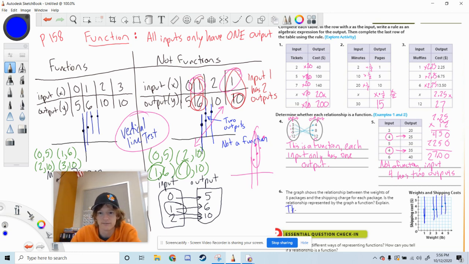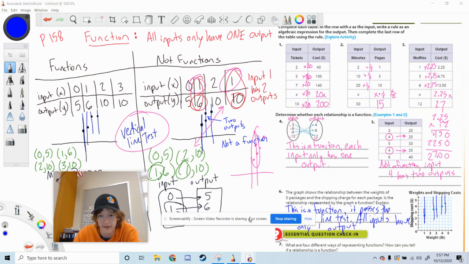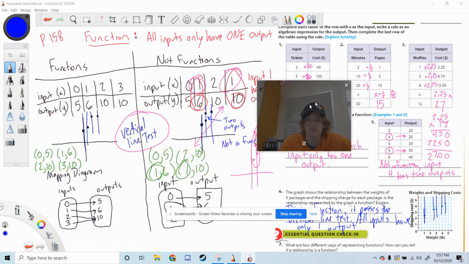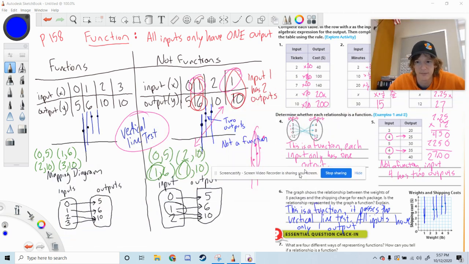So this is a function because it passes the vertical line test. All inputs have only one output.